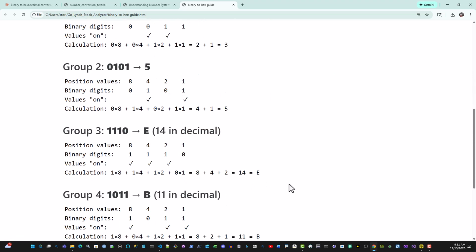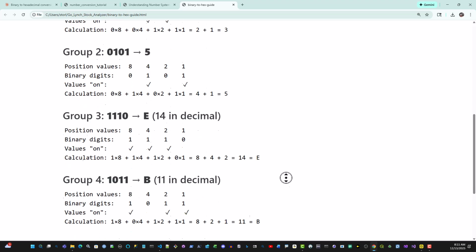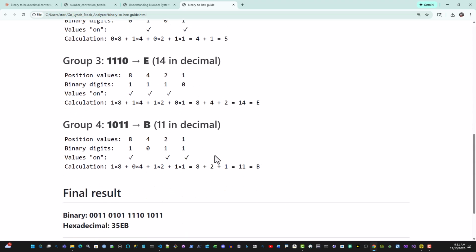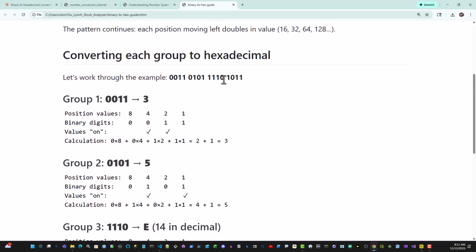And then you can continue, but here you have a 1, 1, 1, 0. So that means 8 is active, 4 is active, 2 is active, 1 is not. So that's how you end up with 14. But remember, in hexadecimal, a 14 is an E, okay? And finally, the fourth group is 1, 0, 1, 1. This one here.